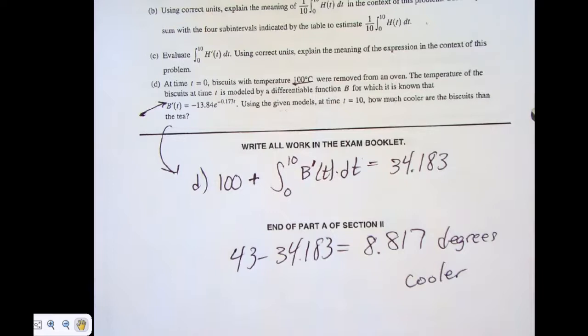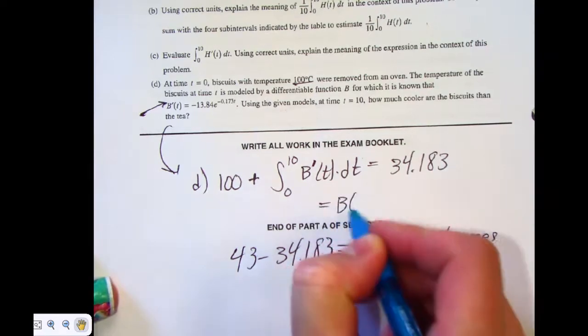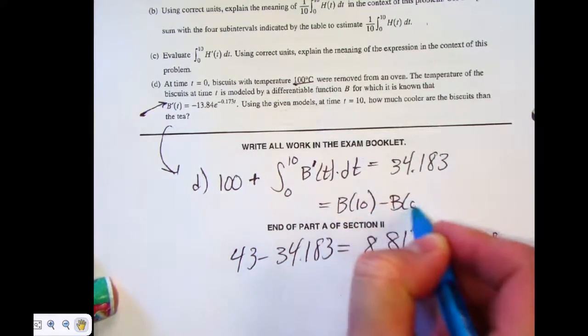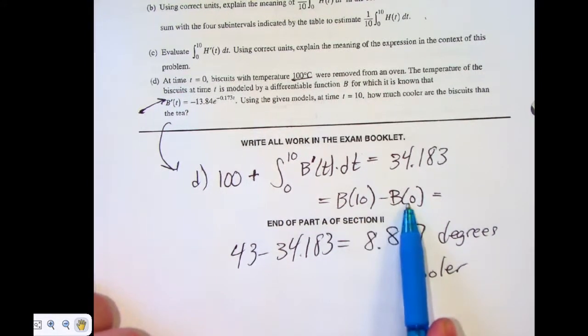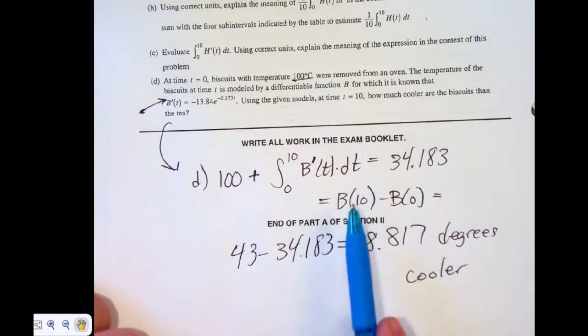Go ahead. So you would basically, when you go to separate that and get your answer for the 34 point whatever, you would take that B prime of t and separate it in with the equation. You're saying do this? Yeah, and then you replace the B prime of the equation with the numbers in the t spots in the equation. No. In theory, sure. But I don't have B(10) and B(0). No, but I'm saying you have the equation. But I don't have the equation for B. So I can't plug 10 into the equation for B because I don't have the equation for B. I'm integrating.